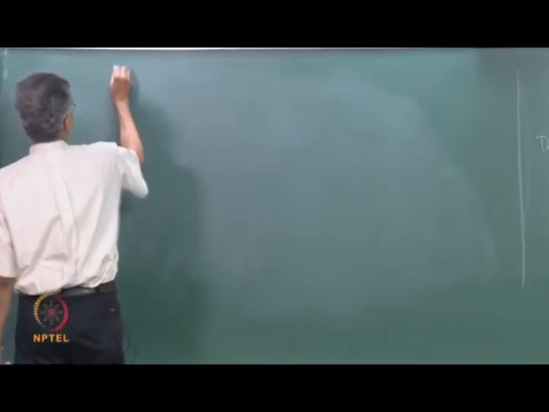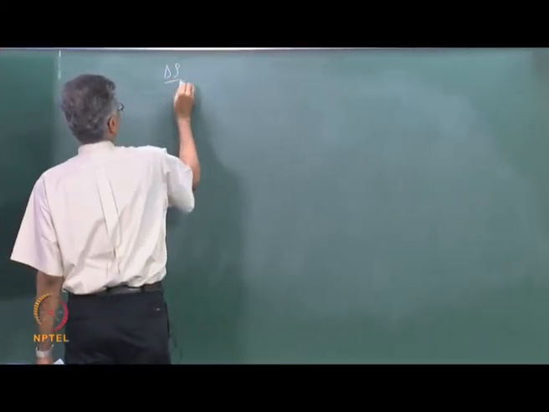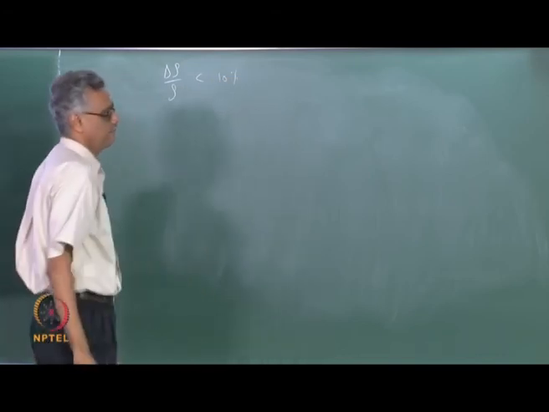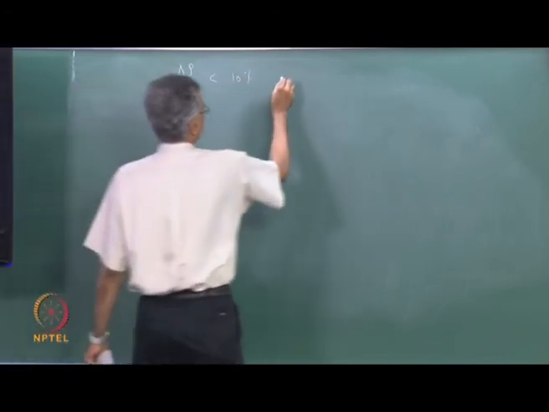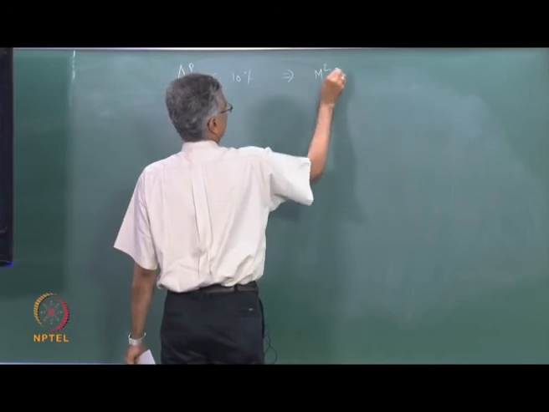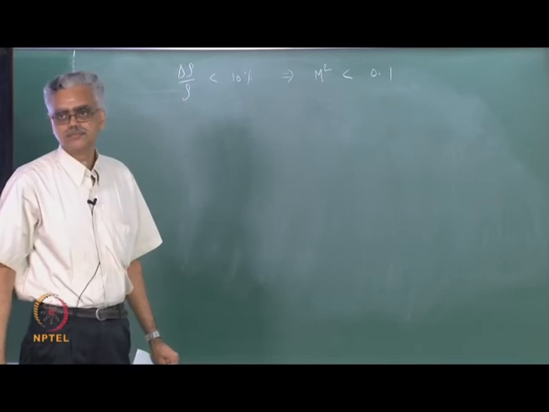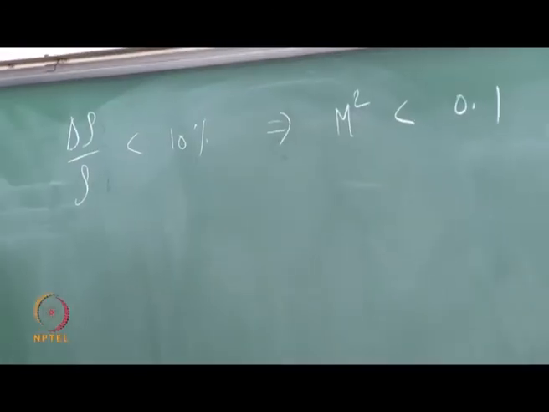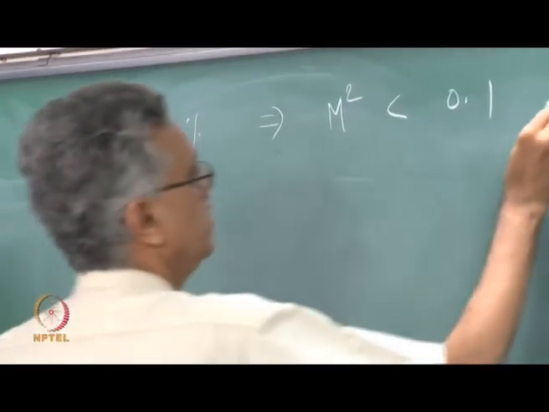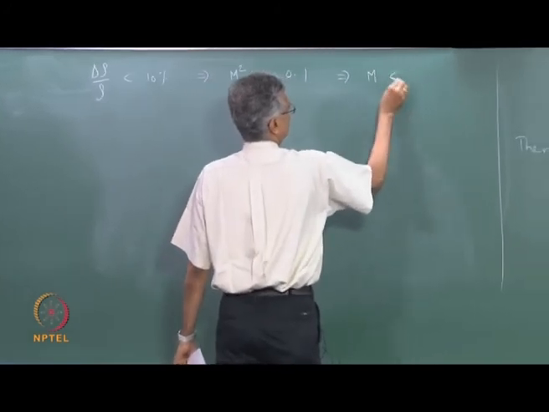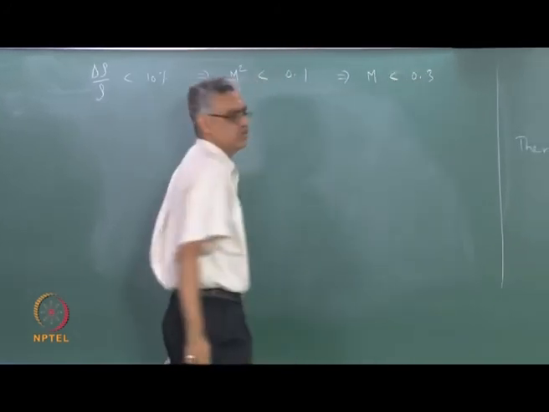So if I say that delta rho over rho should be less than 10%, this implies that M squared should be less than 0.1, right, which then says that approximately M should be less than 0.3.